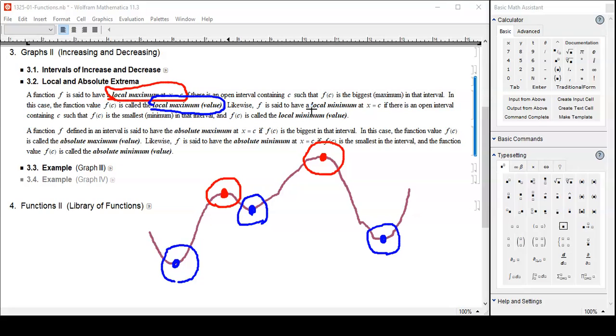Local minimum, this should have been red. So local maximum value is the y-coordinate, and having local maximum, that's the x-coordinate. And having local minimum, that's the x-coordinate, and local minimum value is the y-coordinate.